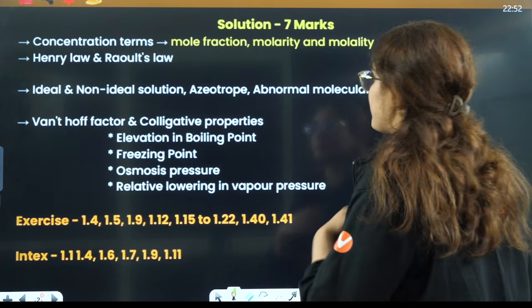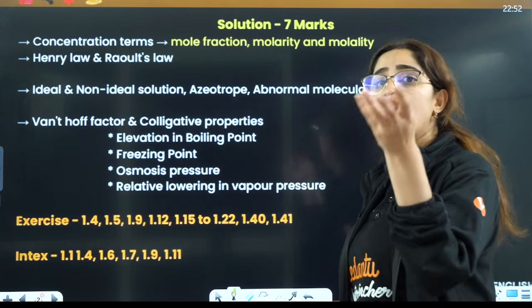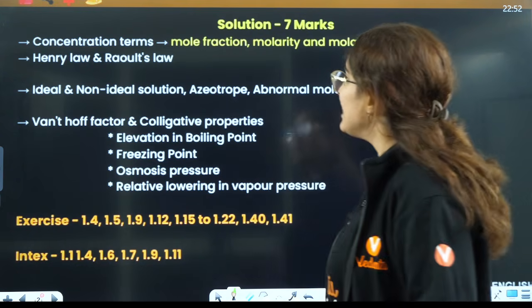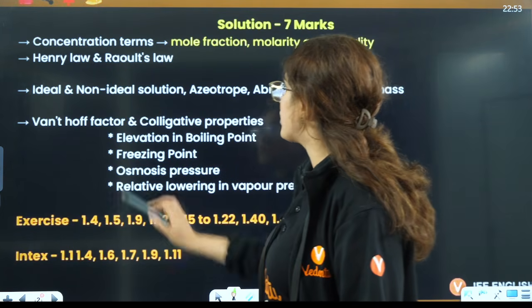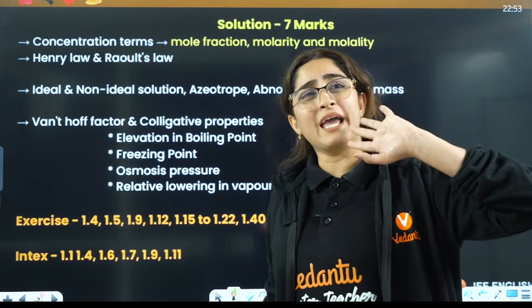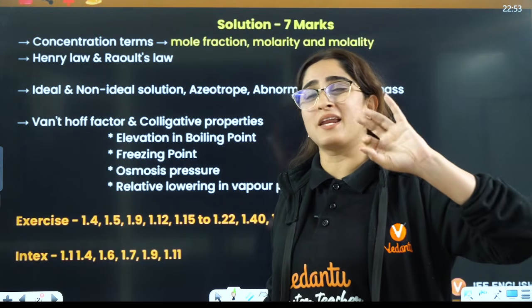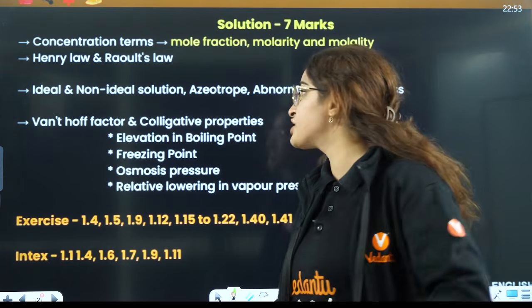So let's see, from the Solutions chapter, you can see concentration terms, mole fraction, molarity, molality, Henry's law and Raoult's law are very important. They ask you numericals based on that. Ideal and non-ideal solution equations, they ask you examples for azeotropes and examples for negative deviation and positive deviation.